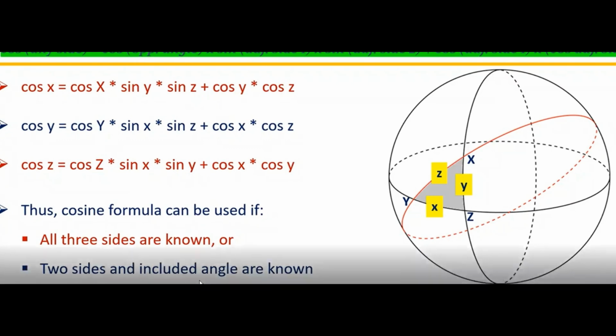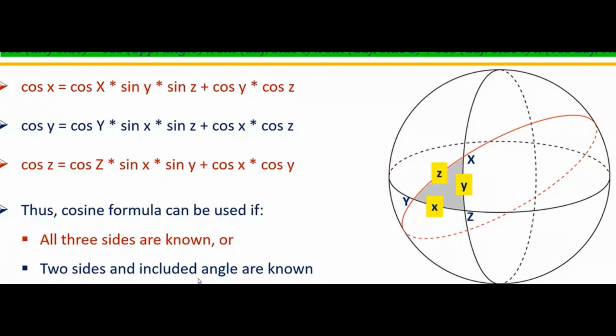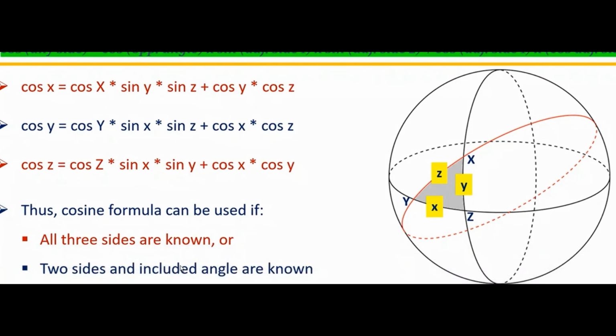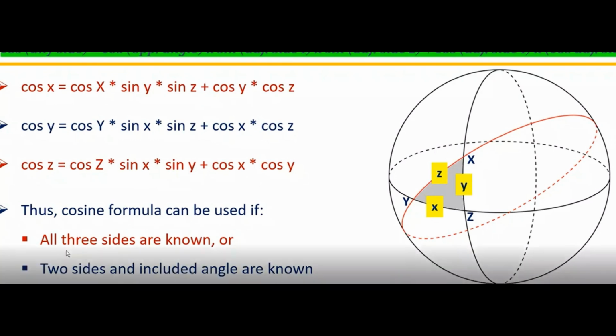If you know an angle which is not the included angle, then in that case cosine formula will not be applicable. A doubt may arise in your mind, what is applicable then? We will see that later. Right now we won't have that condition coming in our questions. So as far as the GC, great circle and composite circle questions are concerned, you will have one of these two conditions being asked to you.